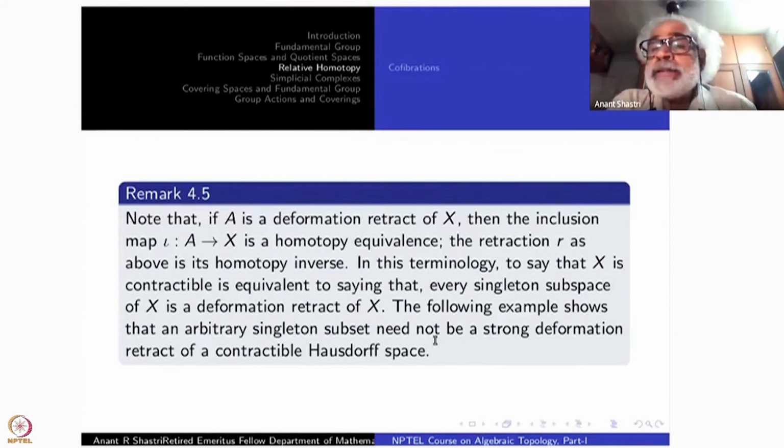In the convex set, it is actually a strong deformation retract that we have shown, but that is not necessary. If you take an arbitrary contractible space, every point is a deformation retract. That is more or less from the definition. But if you want a strong deformation retract, that may not be true. Okay? So I will show that example, and that will be the end of today's lecture.